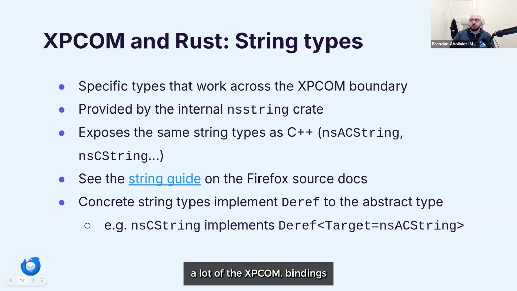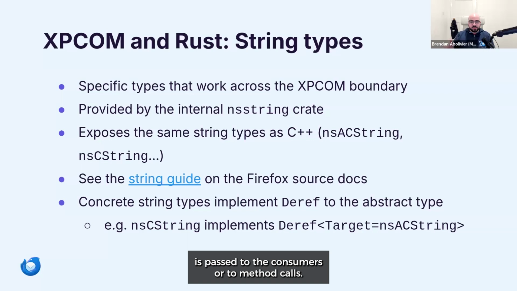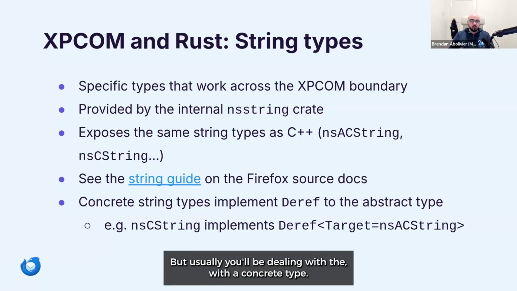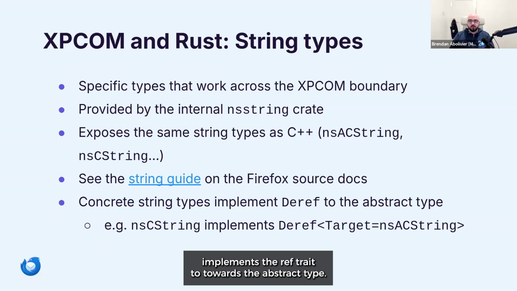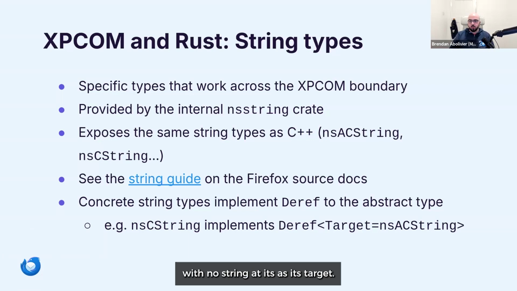A lot of the XPCOM bindings will expect the abstract version of a string type to be passed to method calls, but usually you'll be dealing with a concrete type. To help with that translation, all of the concrete string types implement the Deref trait towards the abstract type. For example, nsCString implements Deref with nsACString as its target.